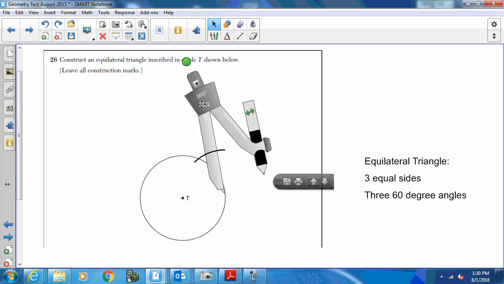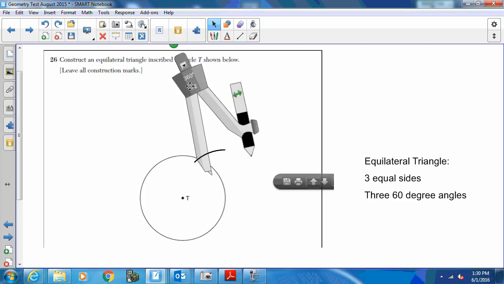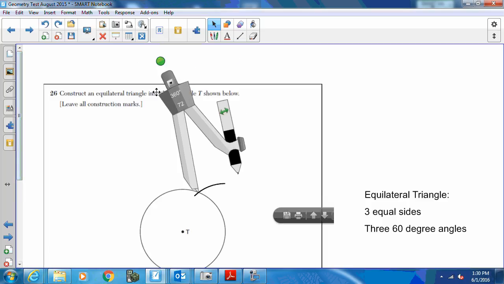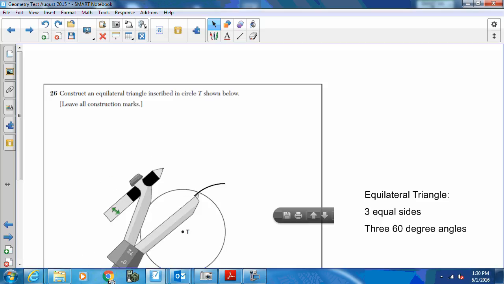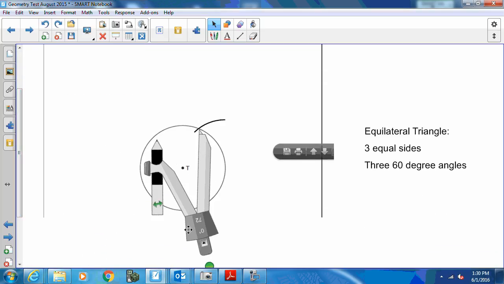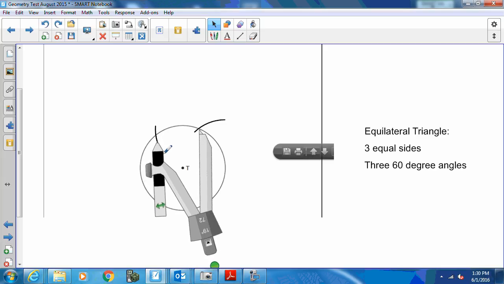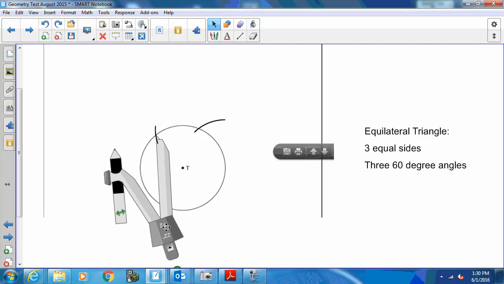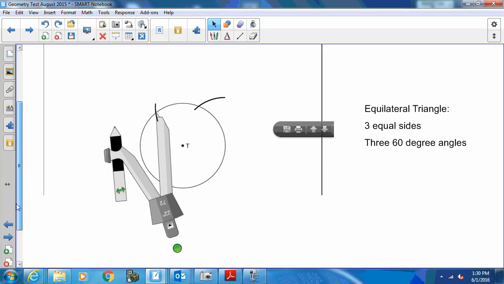Now, the next part is important. What you do is keep the radius of the compass the same. Put the point of the compass on that intersection point, and now we're going to make another mark here. We're going to keep going around the circle until we have all the marks that we need.